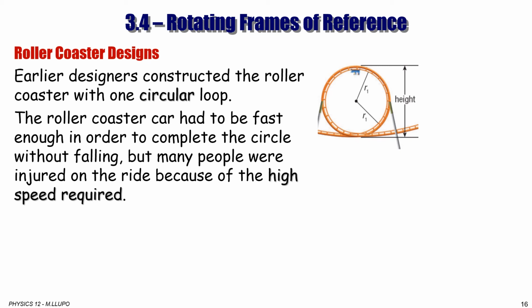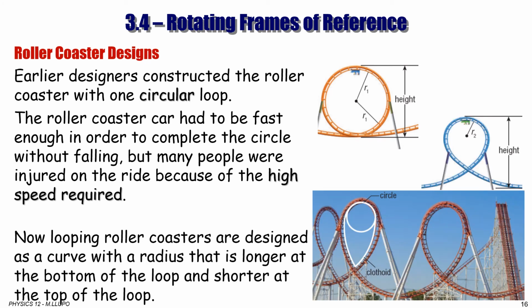So how can we make a roller coaster that requires low speed, but has the same fun, the same way of riding? Looping roller coasters have a smaller diameter, smaller radius, but the same height. So you're going to have the same fun, but now with a smaller speed, a safer speed.